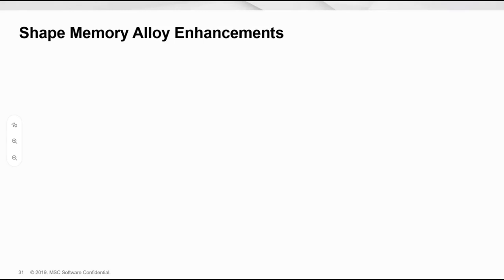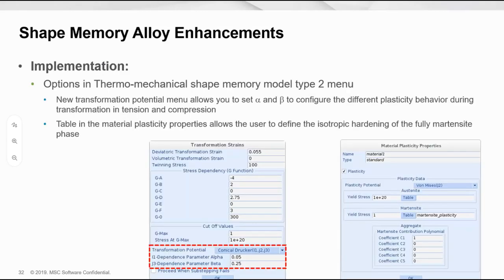Next, we have the implementation of this, which is quite straightforward. When you look at the menu, you can see that you have options to set alpha and beta for configuring the plasticity behavior during the transformation under tension and compression.